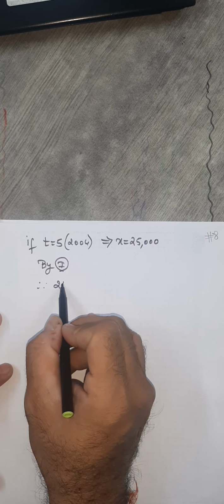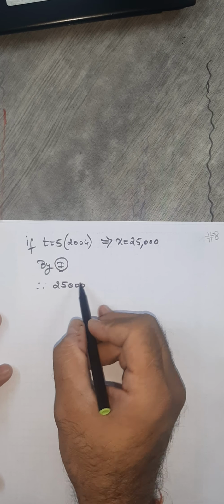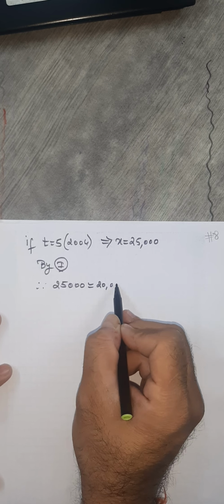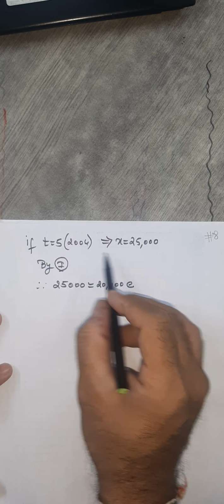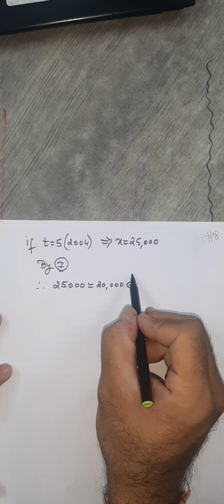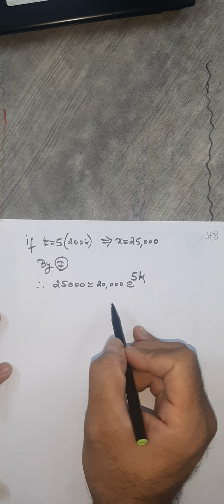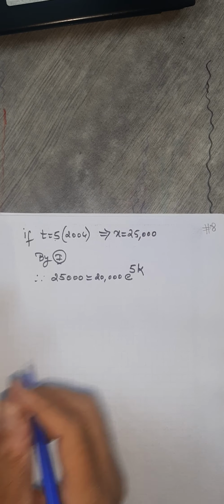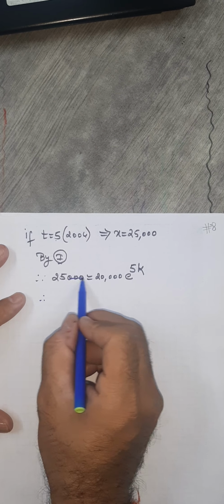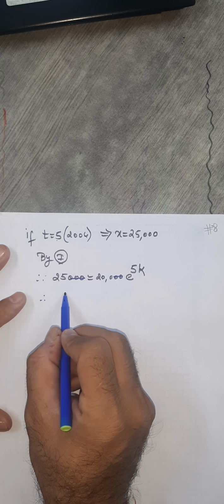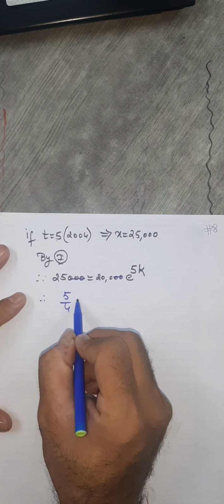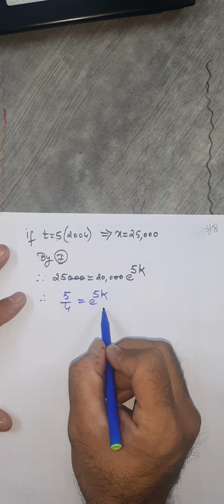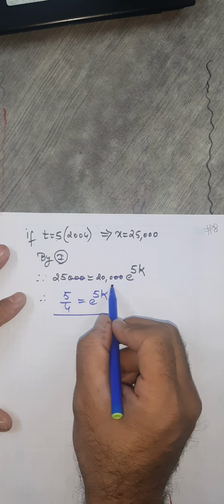Left hand side is 25,000. I'm using 1, remember. What is c? C आपको पता है? Now you got that, 20,000. e raised to t of 5 हो गया, remember. So 5k. This by 1, putting t equals 5. So we get here 25 by 20, that is just 5 by 4 equals e raised to 5k. We keep this one aside, remember.